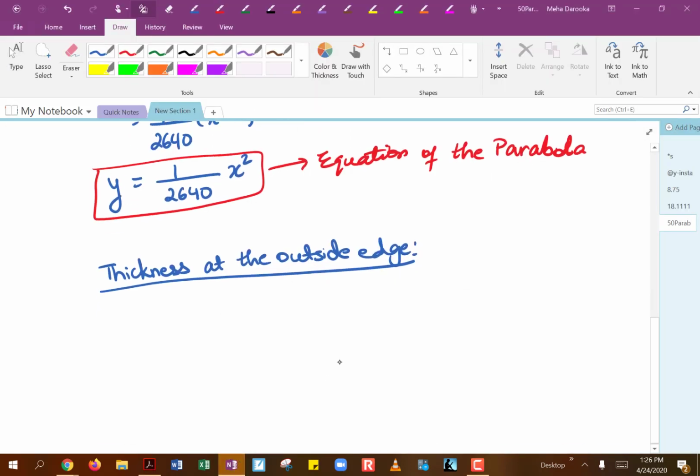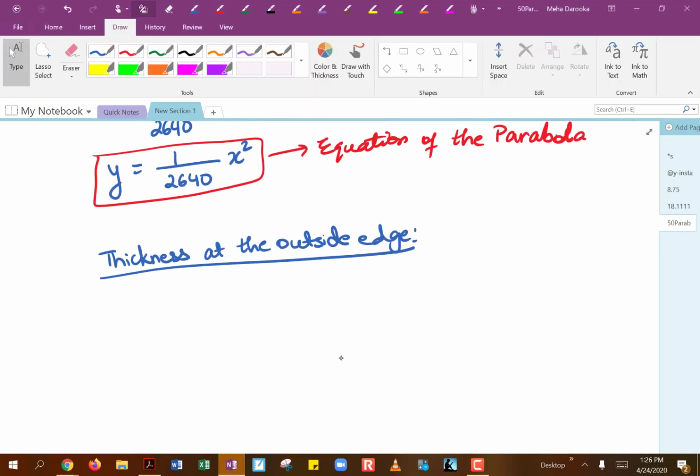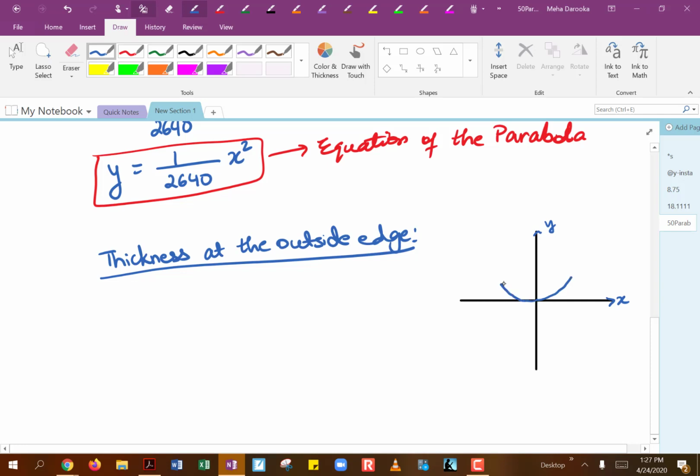So what we're going to do here is, let me show you if I can draw this as our graph over here. Okay, so this is our x-axis. Our mirror is placed somewhat like this, right?